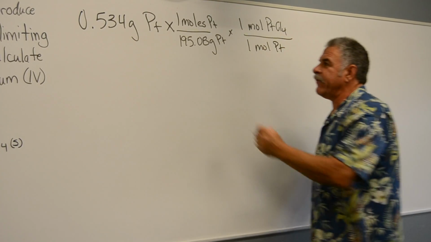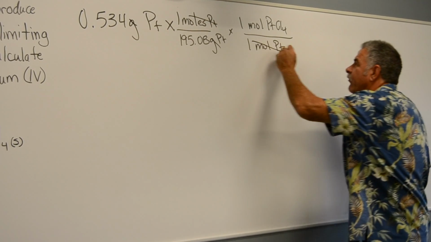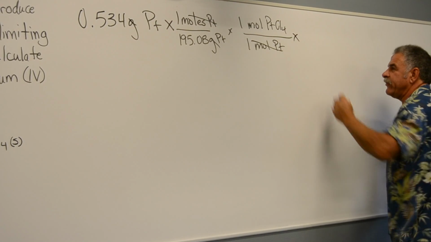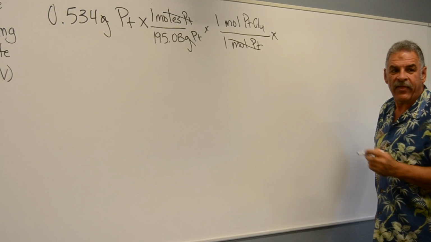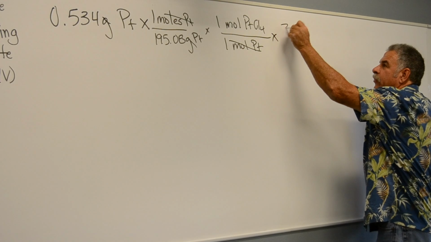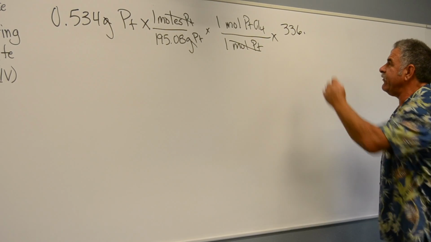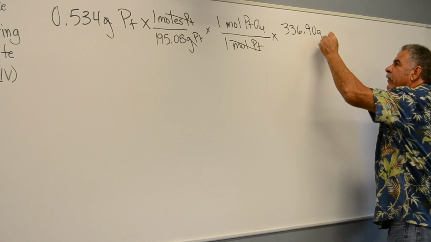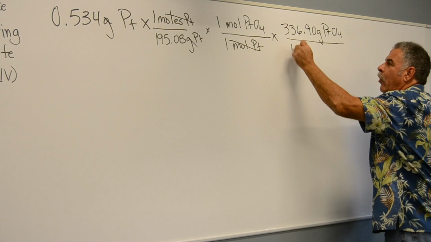So far we've gotten rid of grams and moles of platinum. Now we need to convert to grams of platinum 4 chloride, and I believe that number is 336.90 per mole.